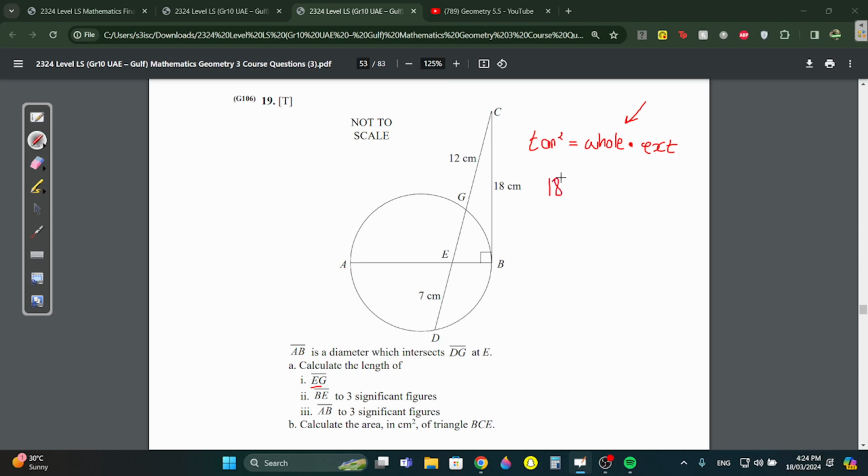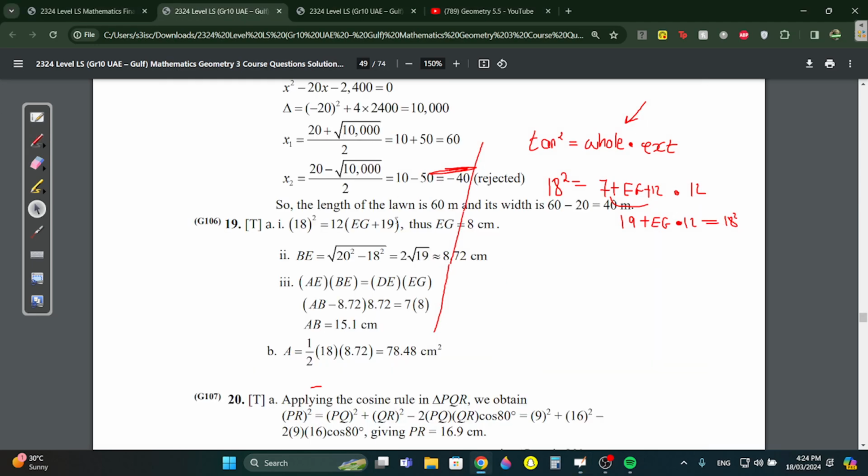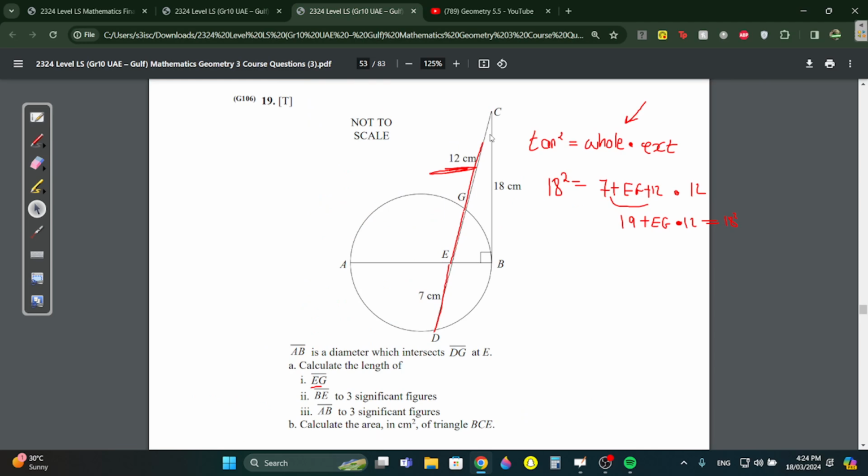What does this mean? 18 squared equals the whole thing. The whole thing is 7 plus EG plus 12, times the exterior, which is 12. 7 plus EG plus 12 is 19 plus EG, times 12, equals 18 squared. 18 squared on the calculator is 324. So 19 plus EG times 12 equals 324.